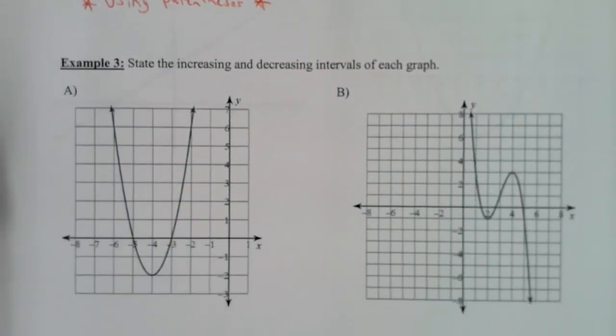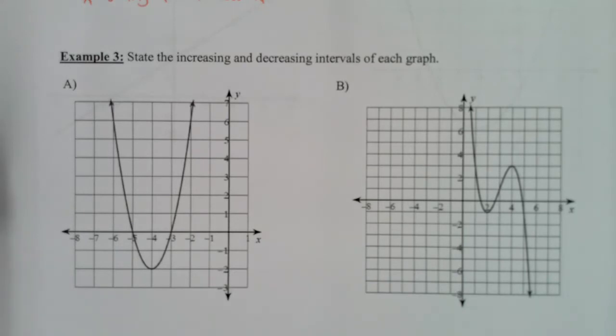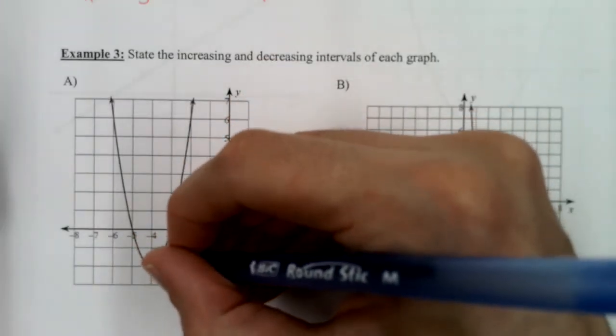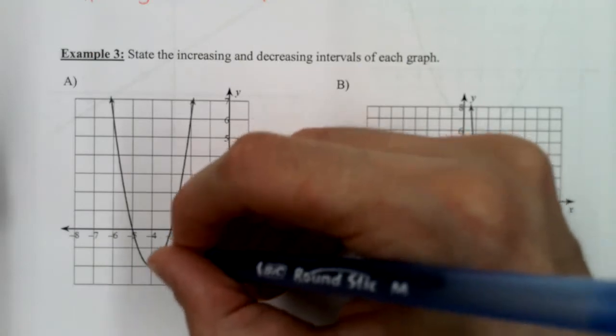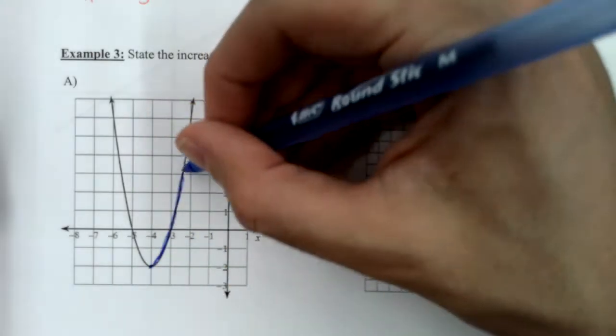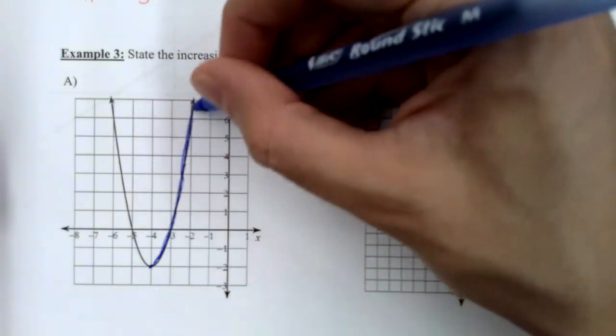Example 3a, state the increasing and decreasing intervals. So I'm going to do this in blue. Where is it increasing? Let me color in the graph. It's increasing right here in blue. That's where the graph is going uphill. That's where the slope is positive, right there in blue.